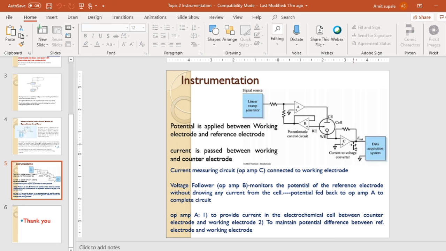By using the 3 electrode system and the operational amplifier circuit, we can directly get very good excitation signals and very good voltammograms. This is the basic instrumentation used in voltammetry.